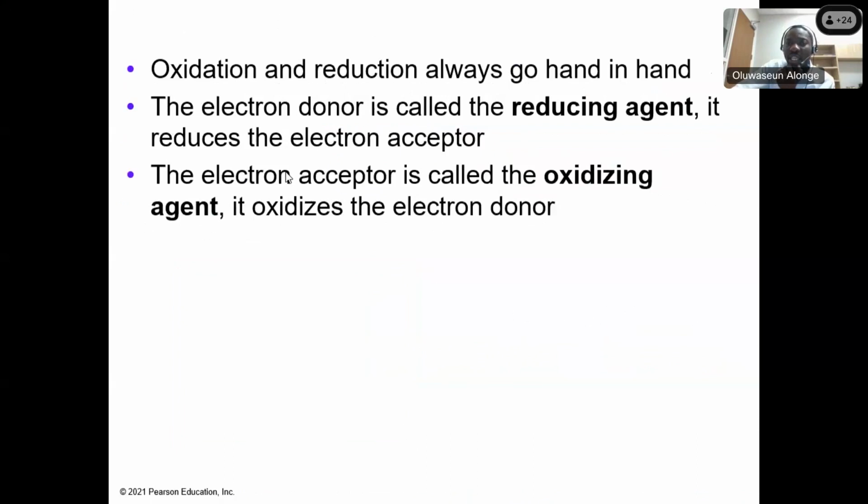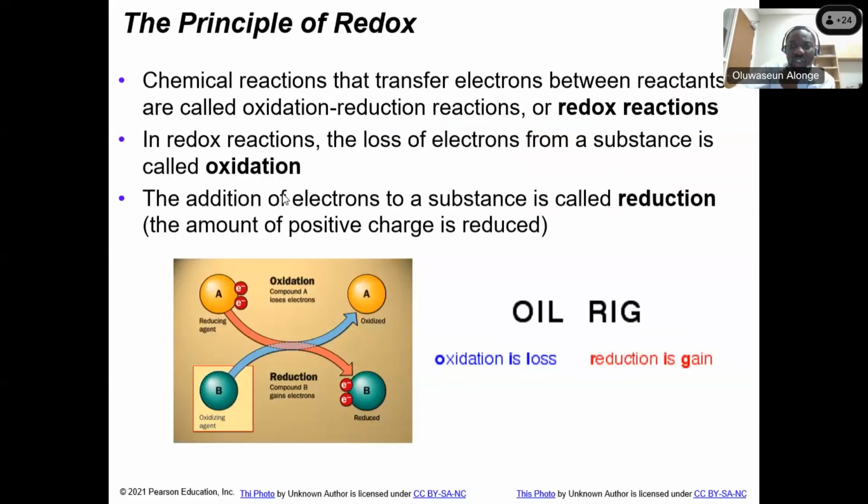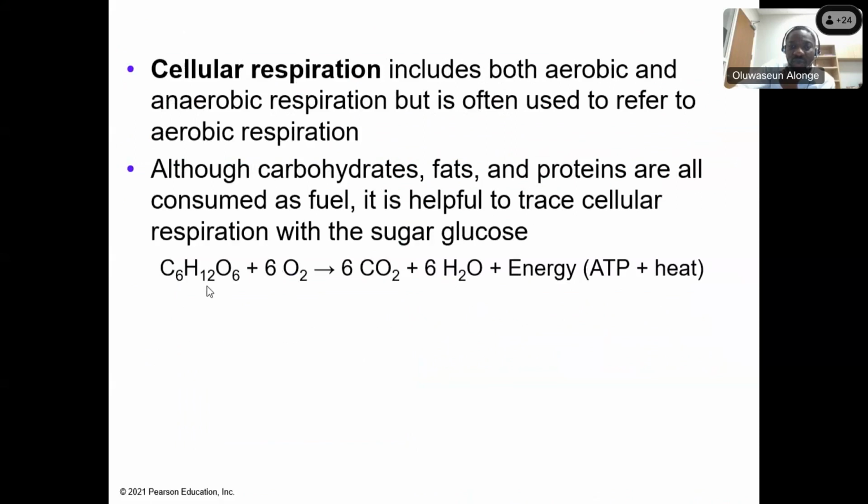Now, I want to look at this and show you from this equation. Looking at this equation, glucose was the one that became this. So glucose gave rise to this. If glucose gave rise to this, that means this was oxidized to become carbon dioxide.